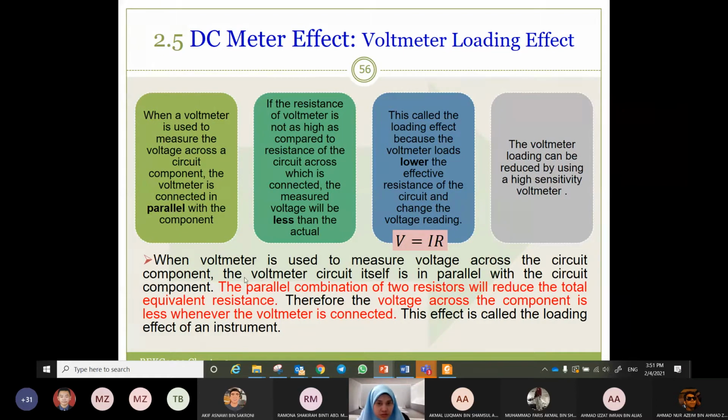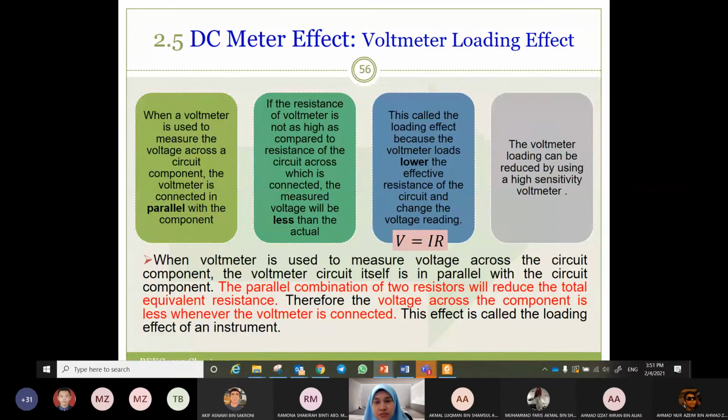This phenomenon can be referred to Ohm's law, V equal to IR. When a voltmeter is used to measure a resistor, we put the voltmeter parallel to the resistor. So the R in the voltmeter becomes parallel to the R that we want to measure.